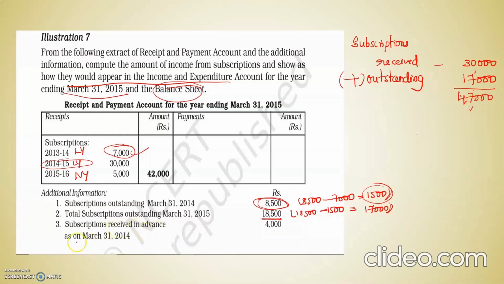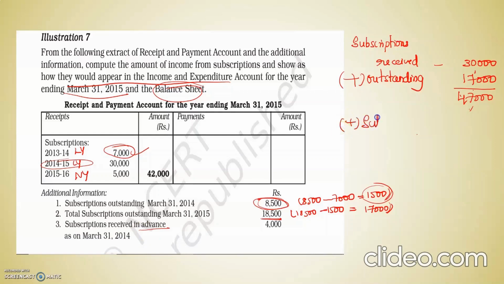Subscription received in advance on 31st March 2014. 31st March 2014 is last year end. Last year end advance means it is not related to last year. Obviously it is related to the current year. So current year information we have to add here.